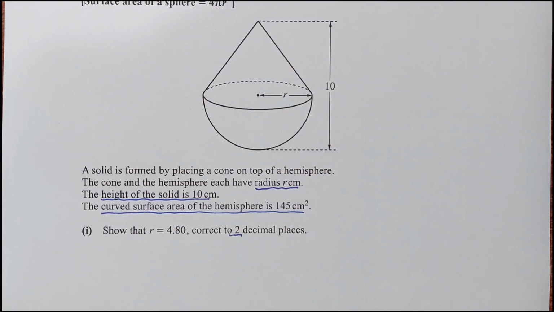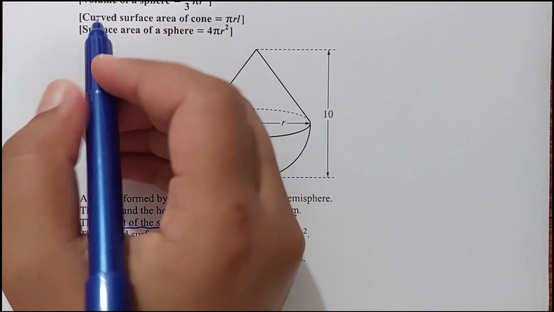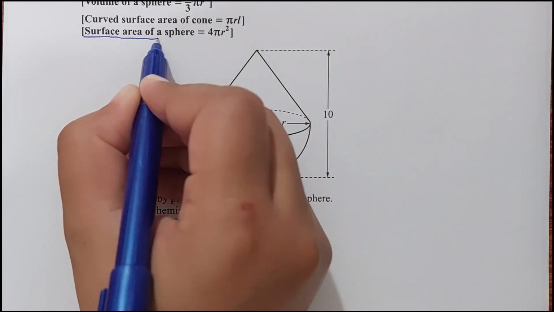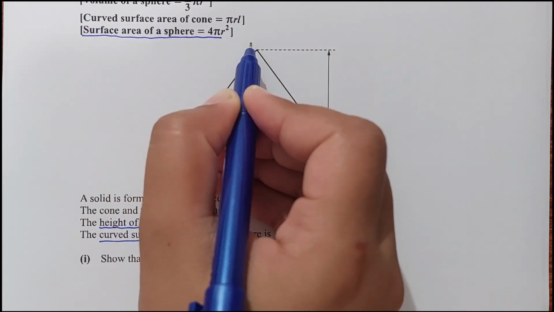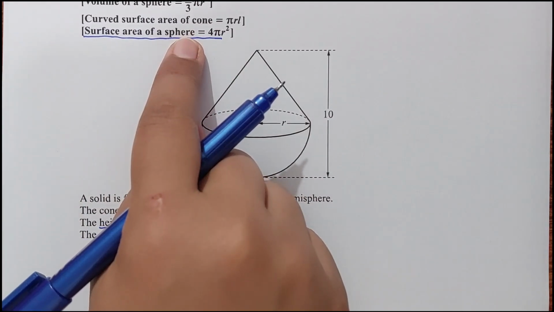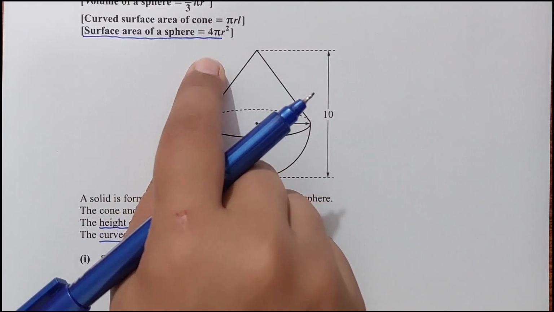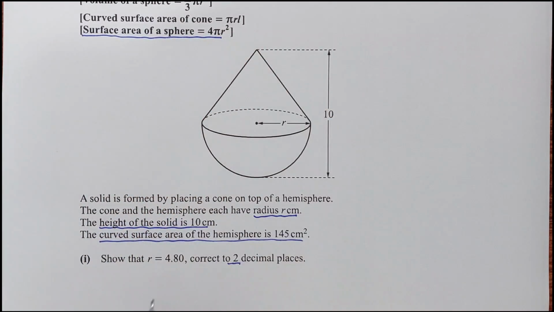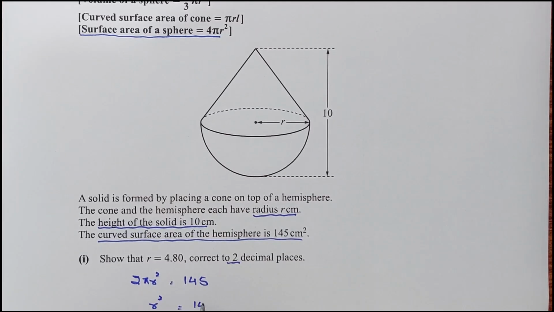All right, so the curved surface area of the hemisphere is given, and at the top we have the formula that the surface area of a sphere is 4 pi r square, and the surface area of a hemisphere, half of a sphere, is dividing by 2. 4 divided by 2 is 2. So the curved surface area of a hemisphere is 2 pi r square, and that is 145. So r square is going to be 145 divided by 2 pi.